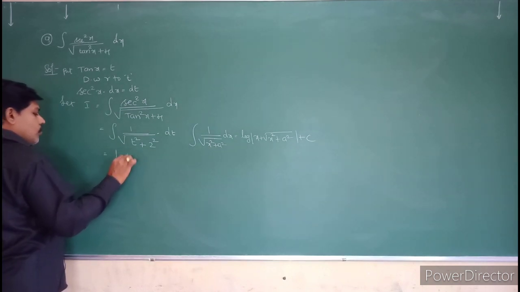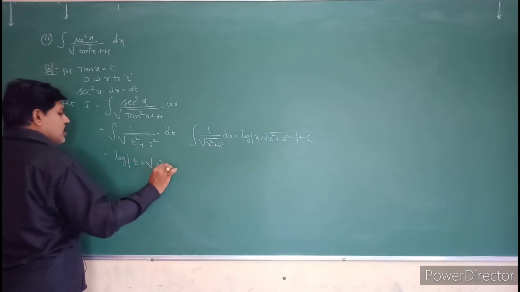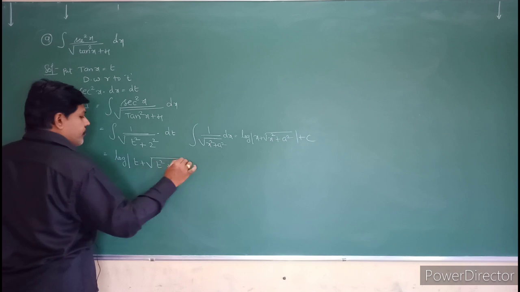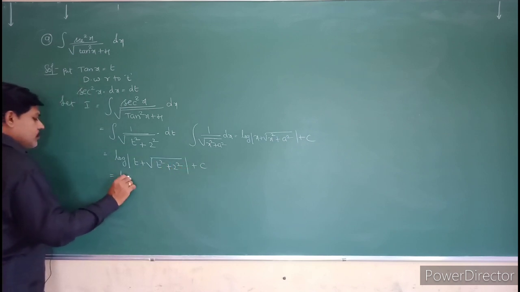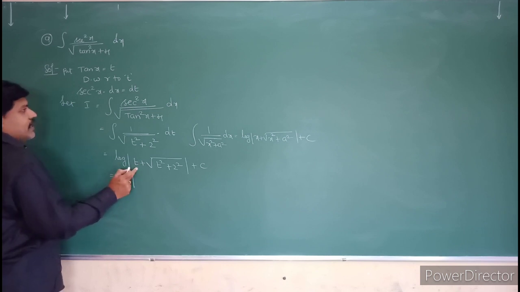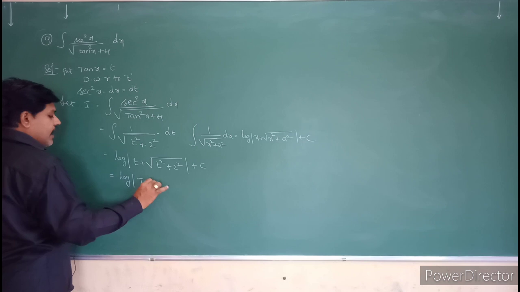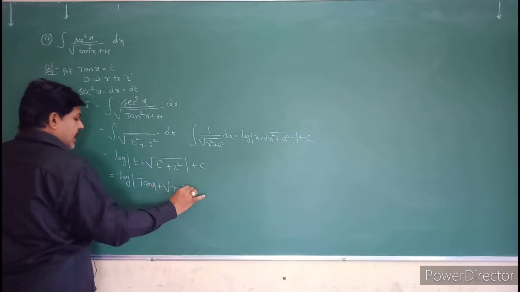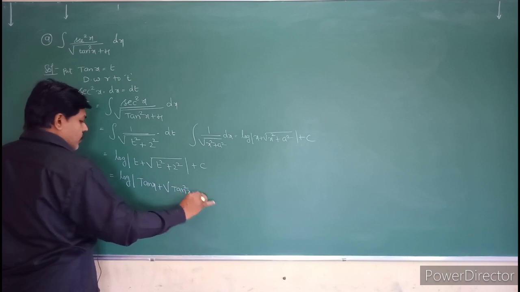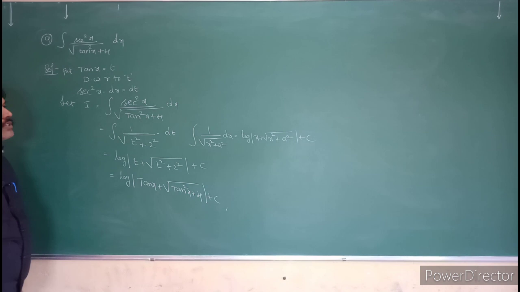Log mod t plus root of t square plus 2 square plus c. So that is equal to log mod, what is the t value? T value is nothing but tan x. So you can replace the value here: tan x plus root of tan square x plus 4 plus c. So see that question, students.